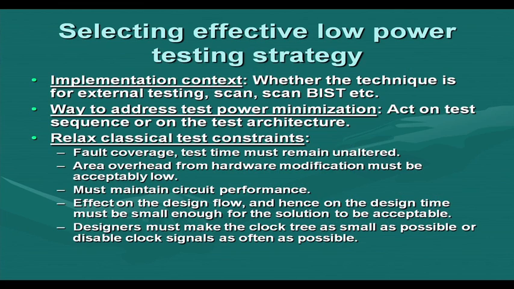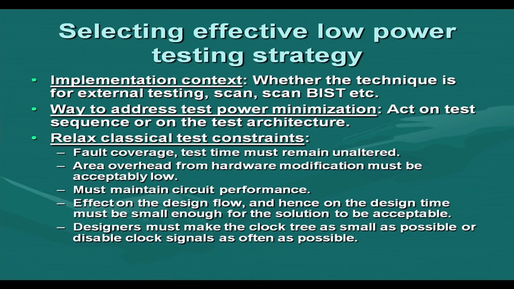So, this way you see that there are a number of ways by which the external testing, or the test environment, creates problems. Second thing is how we address this test power minimization, whether we act on the test sequence or we act on the test architecture.